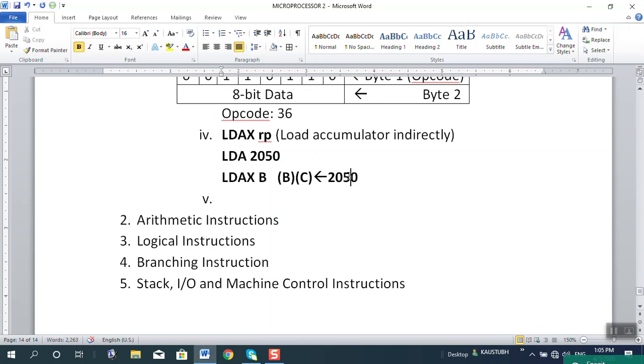That means this 50 is stored in C, 20 is stored in B, because the lower byte is 50, the higher byte is 20. So if 2050 is stored in BC, then executing LDAX B is exactly the same as LDA 2050.